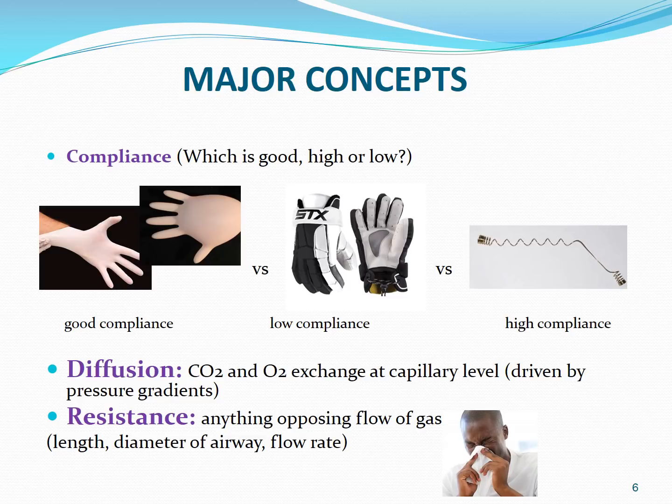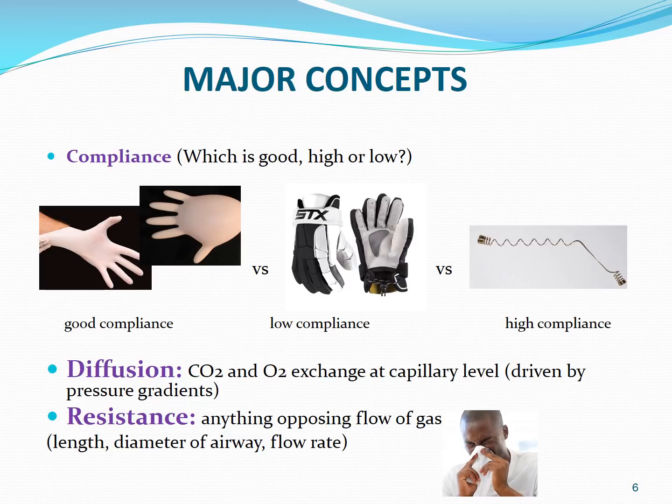So if I have a lot of oxygen in my alveoli and not a lot of oxygen in my vessel, in my capillary, then that oxygen is going to move to the area of lower concentration, concept of diffusion. It's going to go with the concentration gradient. So that oxygen is going to gravitate to that low amount of oxygen because it wants to balance things out. Same thing happens with CO2.